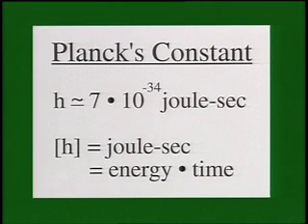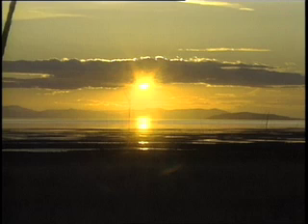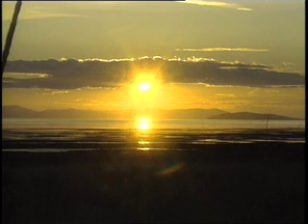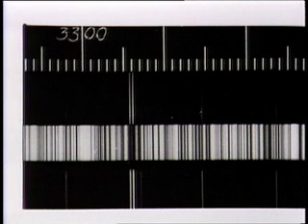The natural world is quantized, meaning everything happens in discrete little chunks based on h, Planck's constant. In the case of light or electromagnetic radiation in general, we call those chunks photons. They're packets of energy, but not just any energy. From the spectra of the elements, scientists have figured out the structure of atoms and the nature of the electron orbits in atoms.